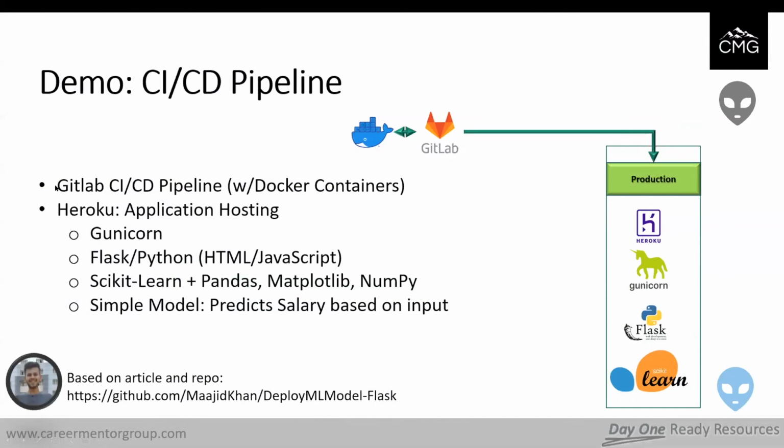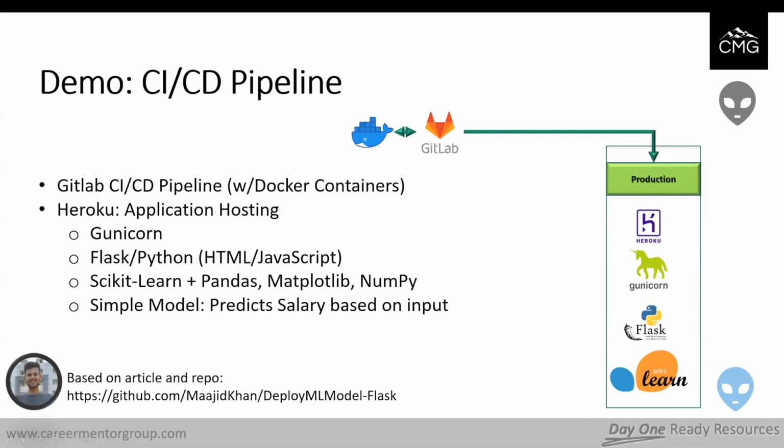So this environment is a working GitLab CI/CD pipeline using Docker containers, Heroku again for application hosting, Gunicorn, however you want to pronounce it, using Flask and Python, which does give you HTML and JavaScript exposure. It's very insignificant, it's not a lot. From a machine learning perspective, we'll be using scikit-learn and pandas. Matplotlib and NumPy are really more for exploratory. And the simple model will predict salary based on input.